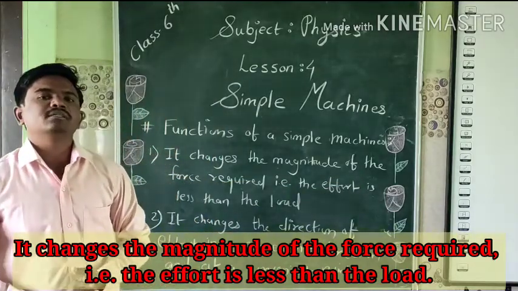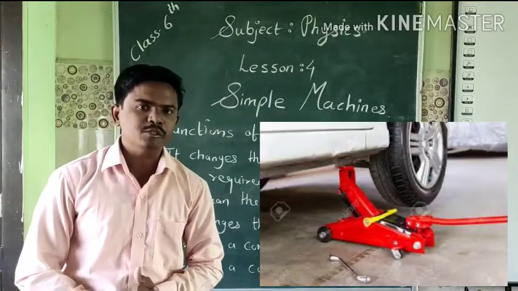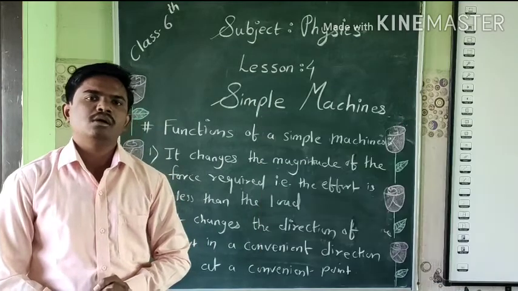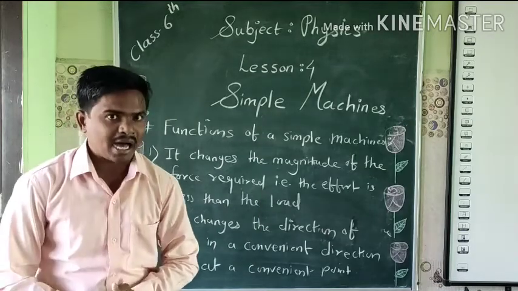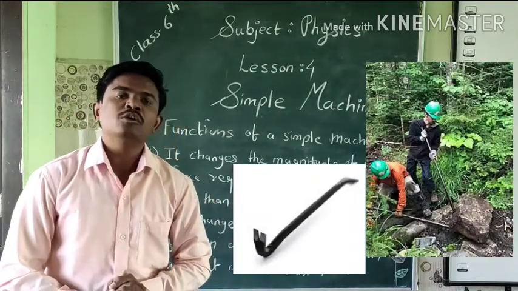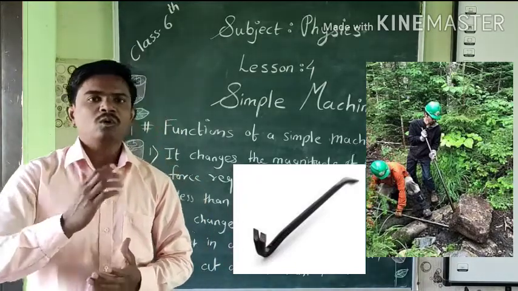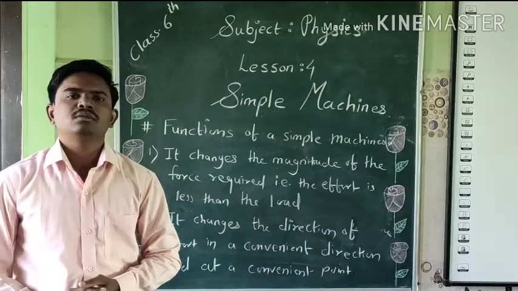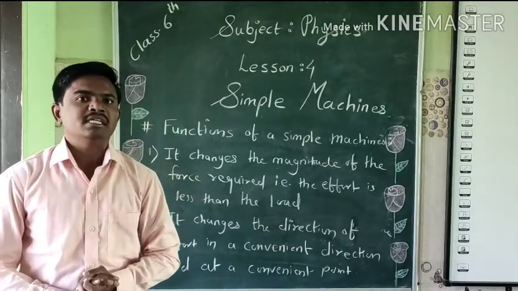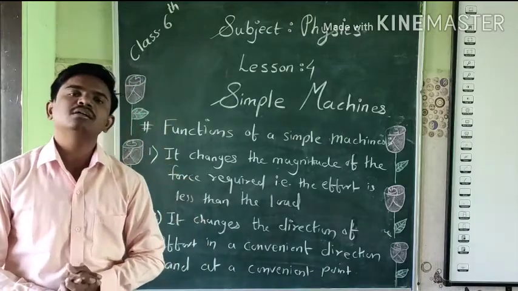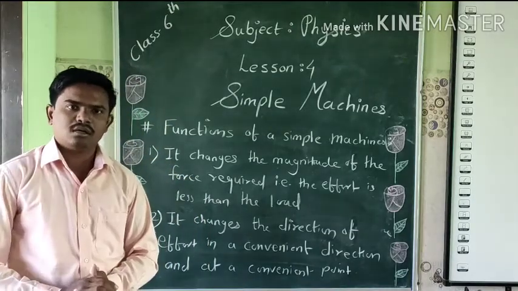For example, a jack is used to lift a car. An iron bar is used to shift a heavy stone. So, in these examples, the effort needed is much less than the load.